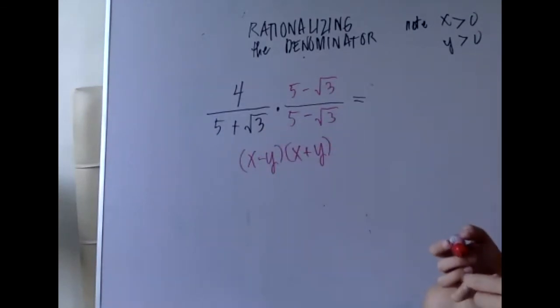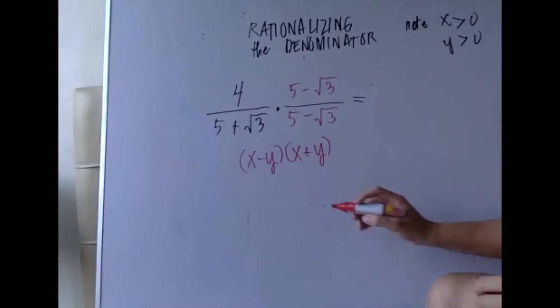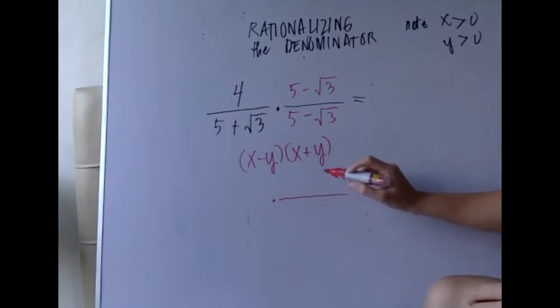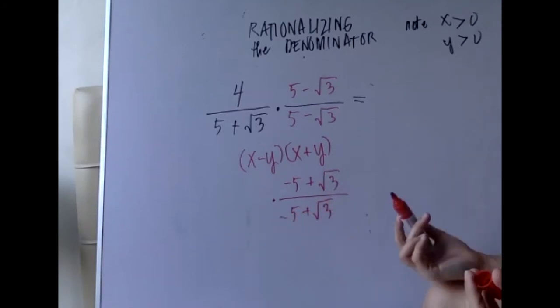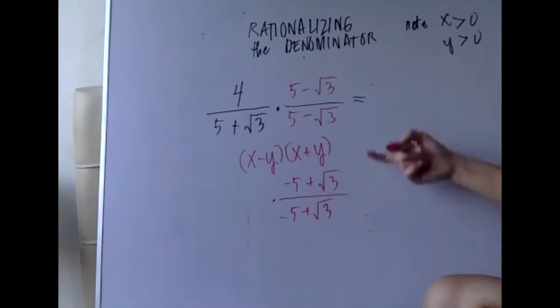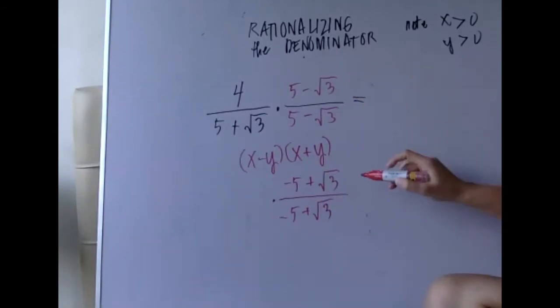Actually, pwede mo siyang i-multiply din with negative 5 plus square root of 3. Pwede, pero bakit mo papahirapan yung sarili mo? Mas maganda kasi ito tingnan. So ito yung ginagawa natin. Pero concept-wise, you can use this.